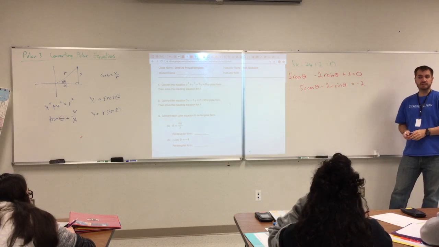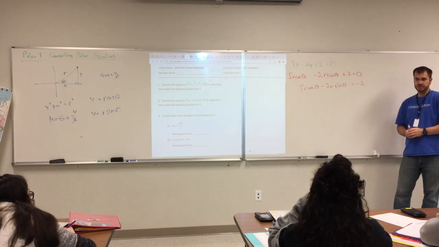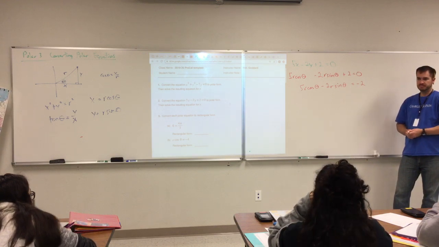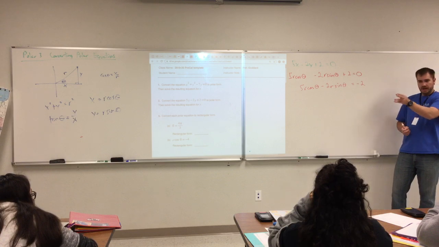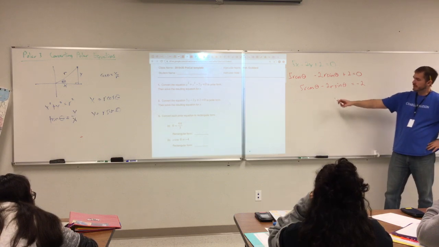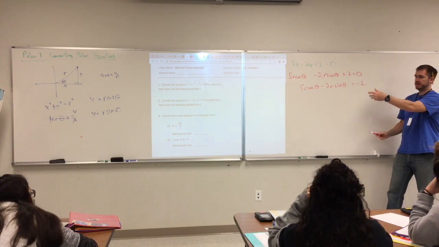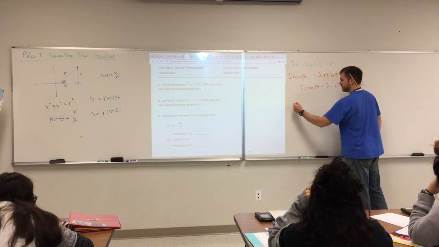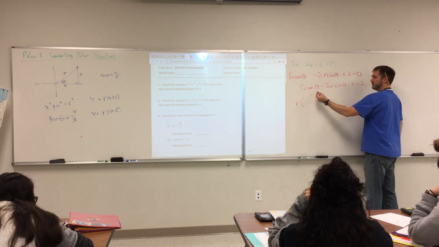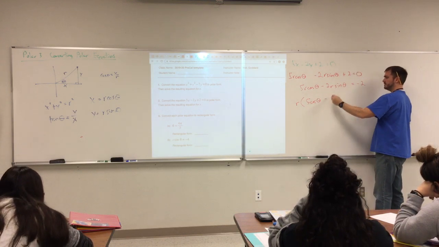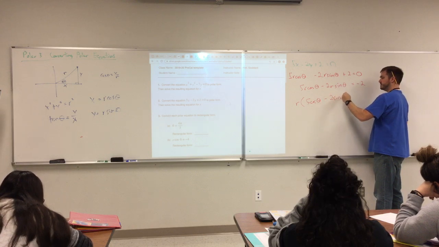Ferrari had a good suggestion last time, which is also a good suggestion here. Factor is what I was looking for. Notice we have an r term here and an r term here, so we'll just factor that out. So I'll say r times, what's left in this one is 5 cosine theta, and what's left in this one is 2 sine theta.